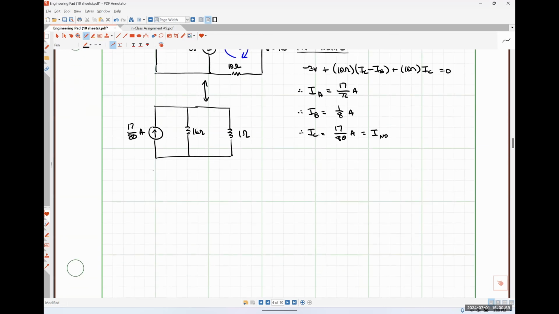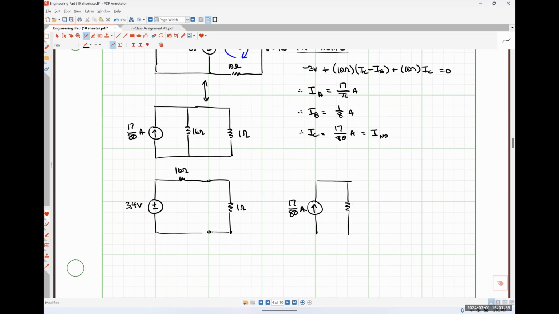So just as a thing here, our Thevenin equivalent circuit was 3.4 volts in series with 16 ohms. And then we had our 1 ohm resistor. Our Norton equivalent circuit, we had I Norton in parallel with a 16 ohm resistor.